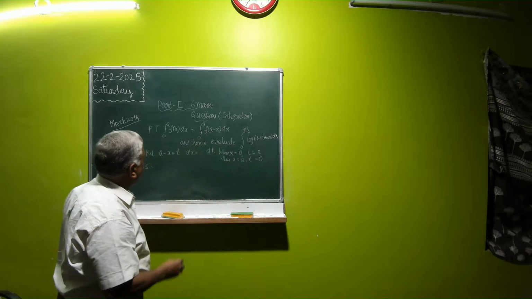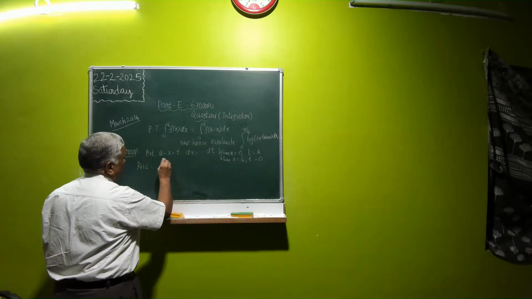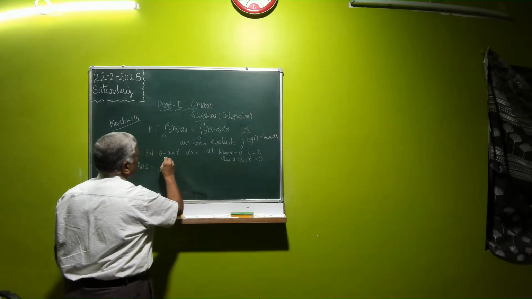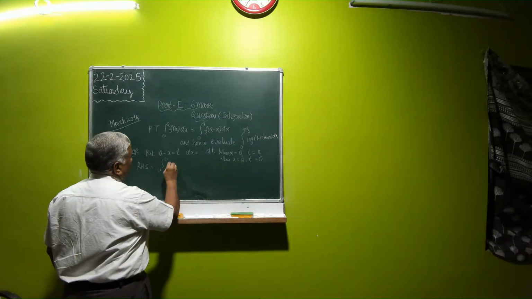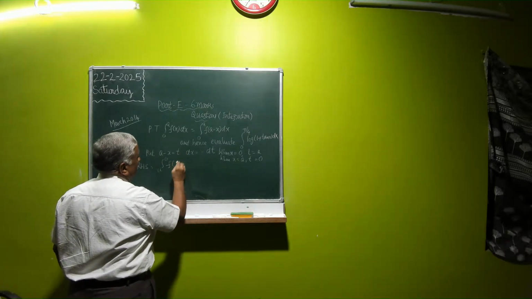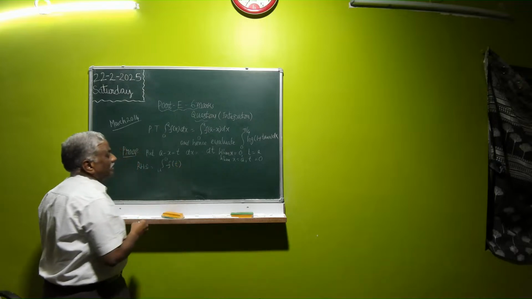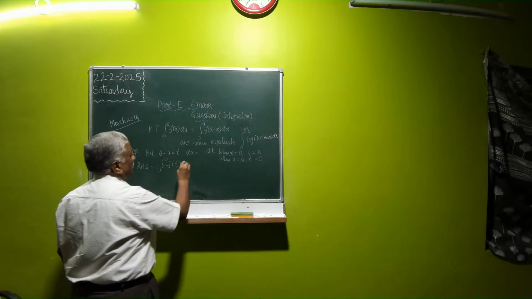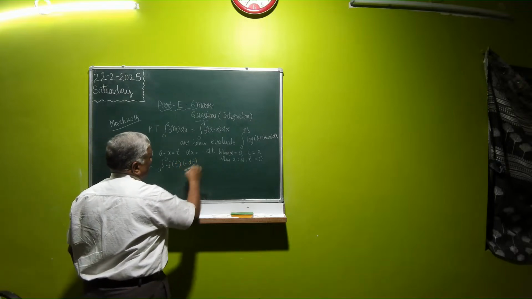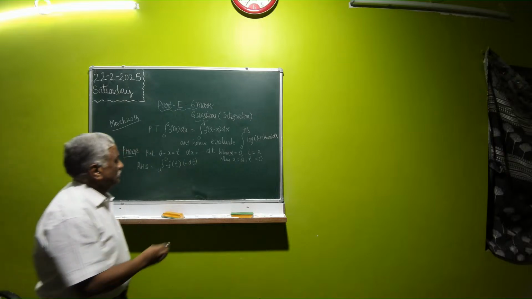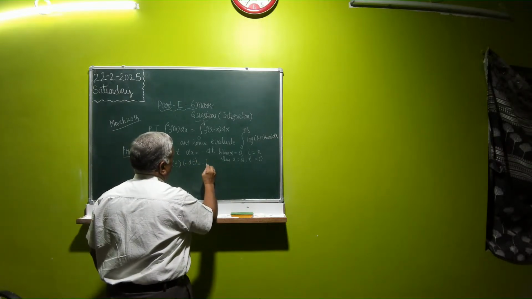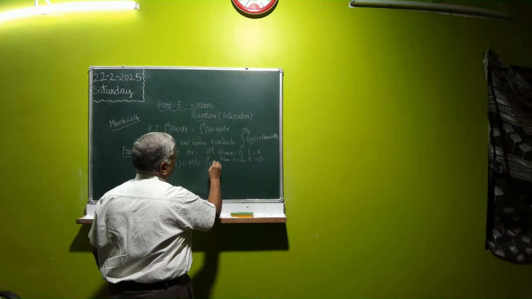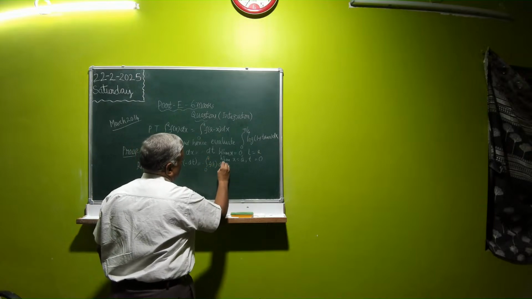In place of 0, you have got a, and in place of a, you have got 0. f of a minus x is f of t, and dx is minus dt. So this you can write as minus of integral 0 to a f t dt.